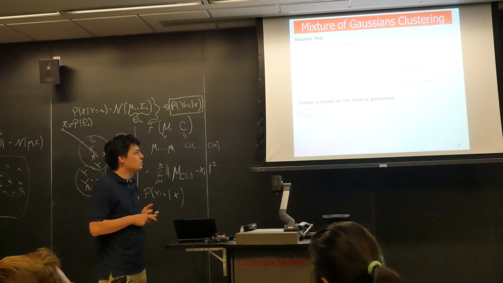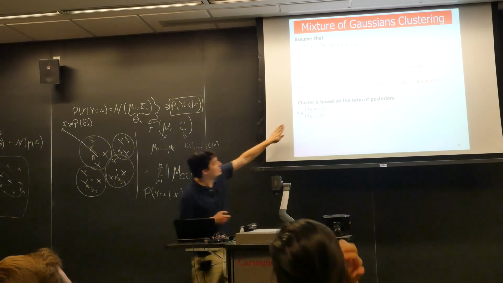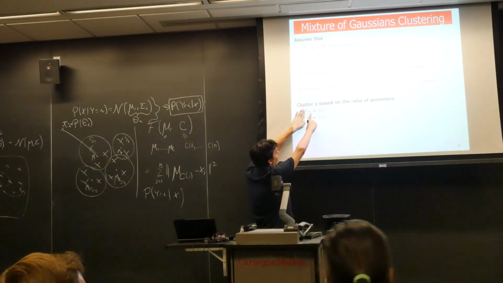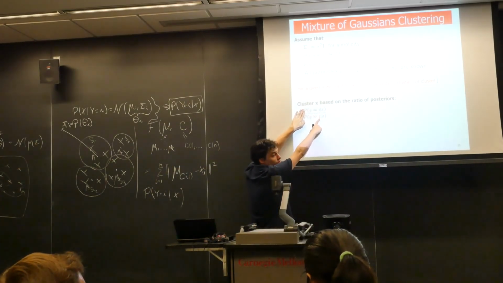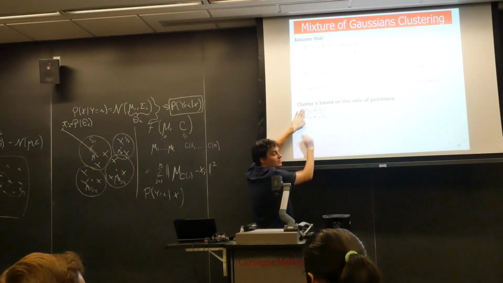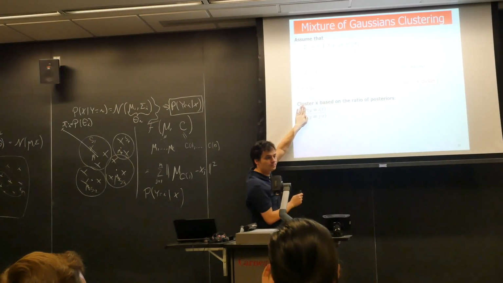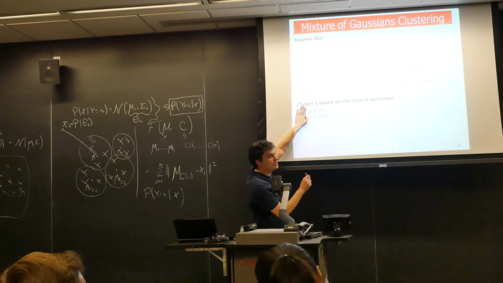But for now, let me just calculate the ratio of whether this point belongs to cluster i or cluster j. If I just need to choose between i and j, then I just need to calculate this ratio. If this ratio is bigger than 1, then the point belongs to cluster i.